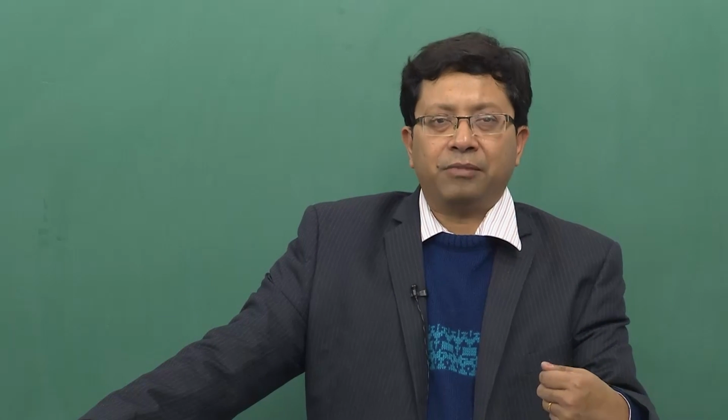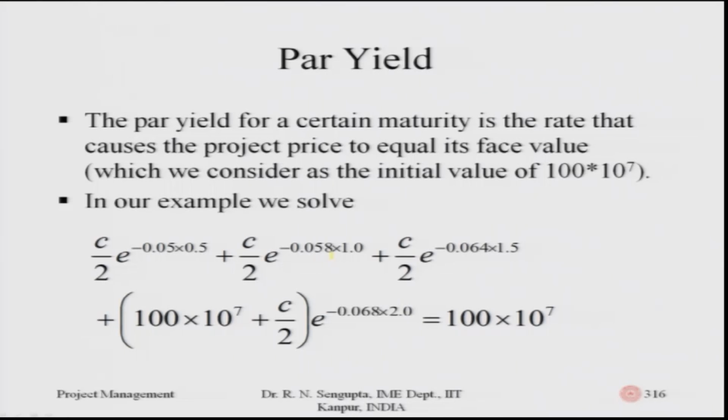Then in the case of the yield of the project, we try to find out what is the value of y such that, considering the actual interest rates are true, it exactly balances, and based on that you find out y. Now, the par yield basically is some interest rate that will exactly equal the face value or the amount when the project started.